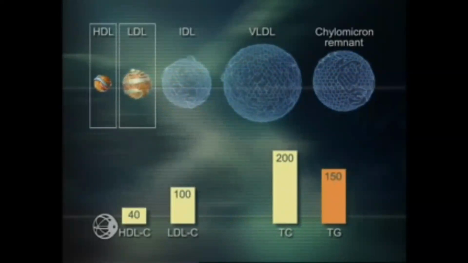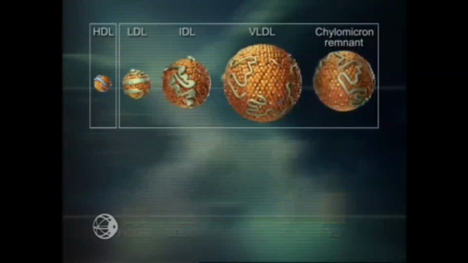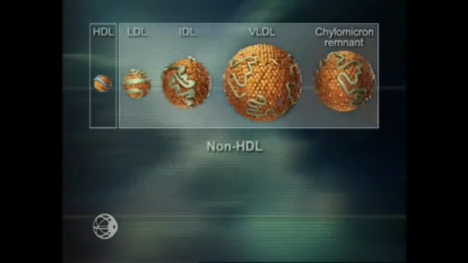While LDL is clearly recognized as the major atherogenic particle, new evidence indicates that increased levels of other triglyceride-rich lipoproteins, including IDL, VLDL, and chylomicron remnants, also contribute to cholesterol accumulation in the arterial wall. Together with LDL, these atherogenic lipoproteins are defined as non-HDL.